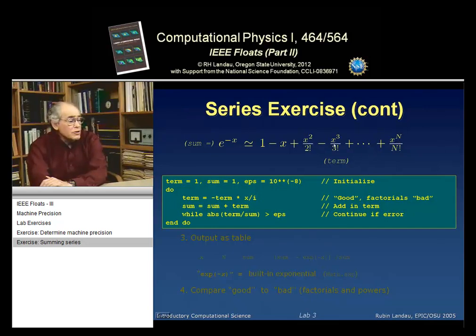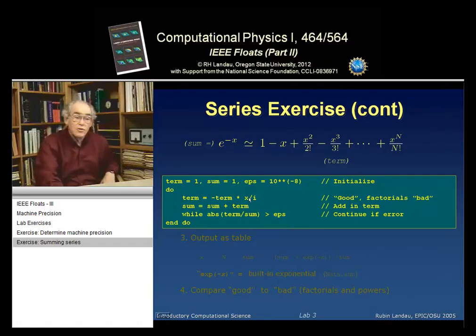But if you look at how one term is related to the preceding term in the series, each term just increases by a single power of x divided by n, the index of the code. So if we just do this for i being an integer counter, and change the new term to be equal to the old term times minus 1 times x over i, we never have to calculate factorials. So this is what I call the good way, good in quotes.